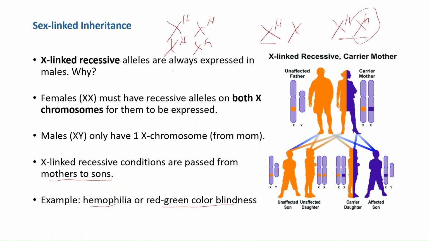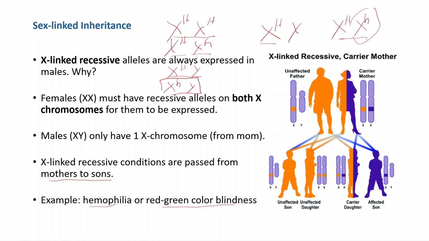When we're talking about the sons, depending on whether the mother's healthy or not, it's going to have a healthy X or the hemophilia X, and then the Y. So we said the daughters, half are going to be healthy, half are going to be carriers. The sons, half are healthy, half have hemophilia.